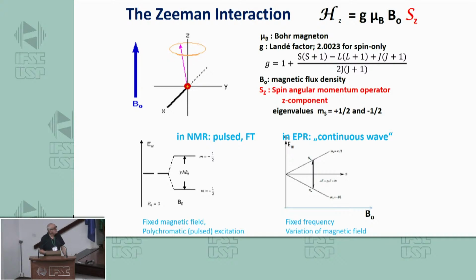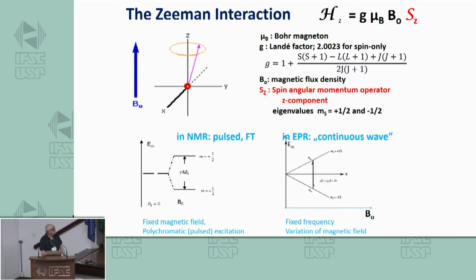So now that we know that the spin concept is real and that we have a magnetic moment associated with it, here you see again the so-called Zeeman Hamiltonian, which relates the energy to the spin angular momentum. Basically the Zeeman Hamiltonian is g times the Bohr magneton times the value of the magnetic field times the angular momentum S_z.